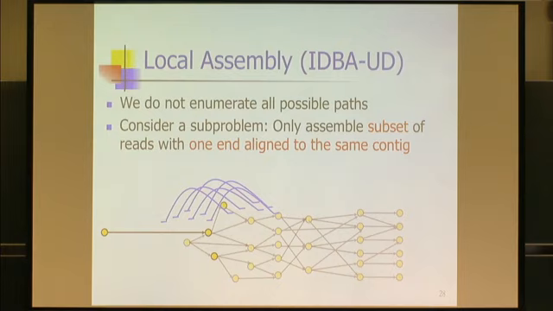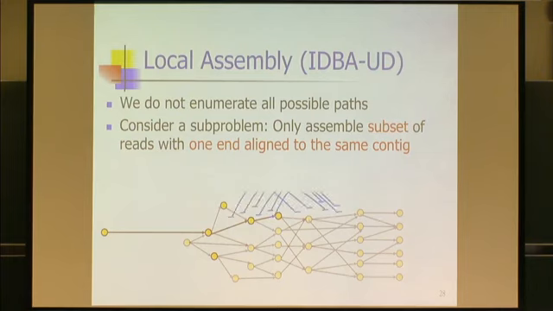In fact, we run IDBA locally on this subproblem. Then effectively, we might be able to extend the path a little bit, and we keep doing this until we are not able to extend it further. Then we stop. The result is quite good, so we are able to get a longer context this way. We call this technique local assembly.